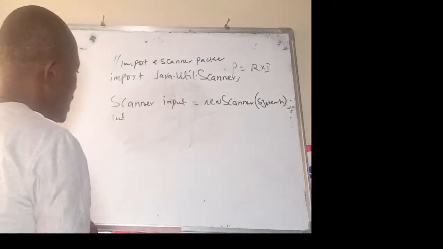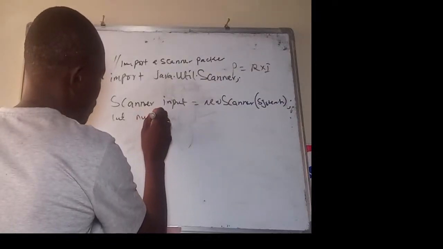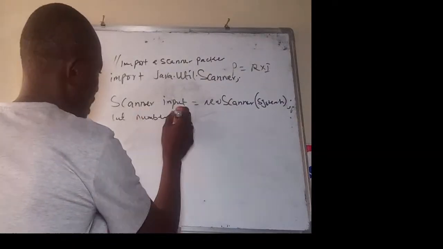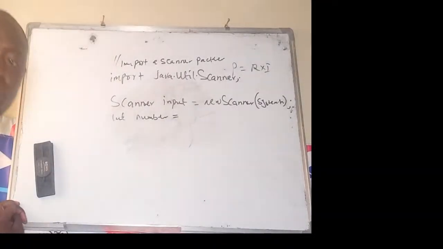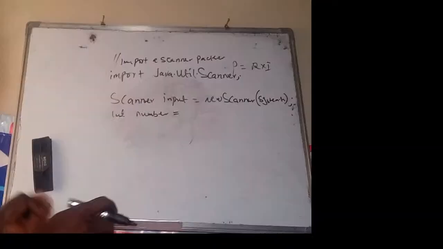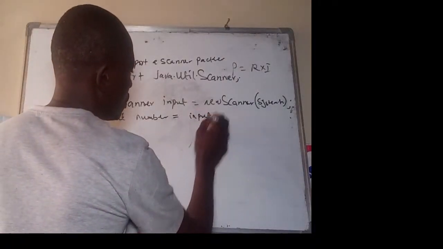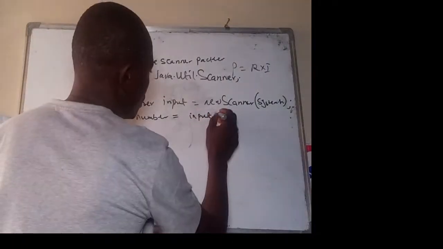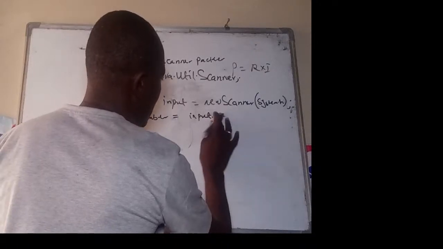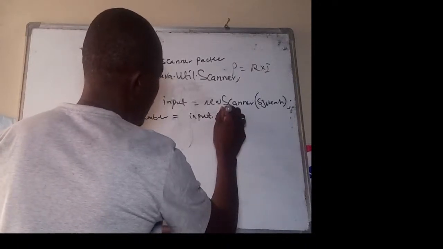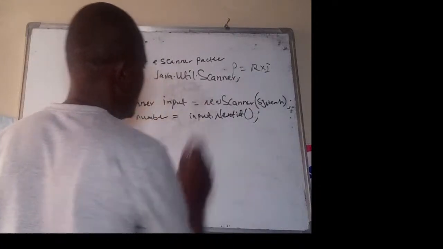So for this we set int. Let's say we give it a syntax of number, then it is equals to what now? It's going to be equals to input dot nextInt, then you have this.